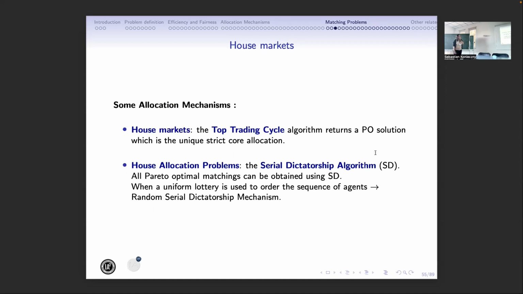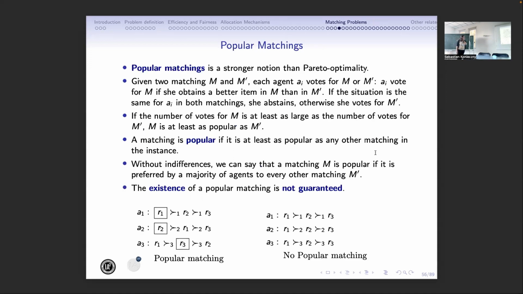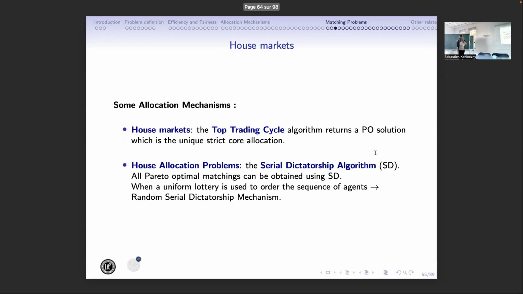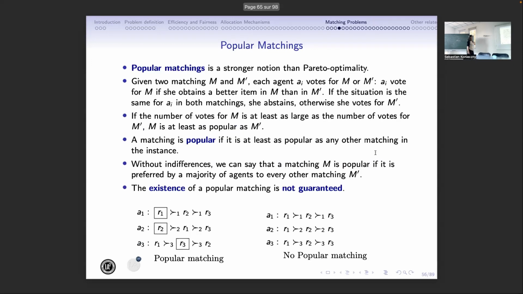So that's for house markets. In house markets, we may want to give a stronger guarantee than Pareto optimality on the outcome of the solution.